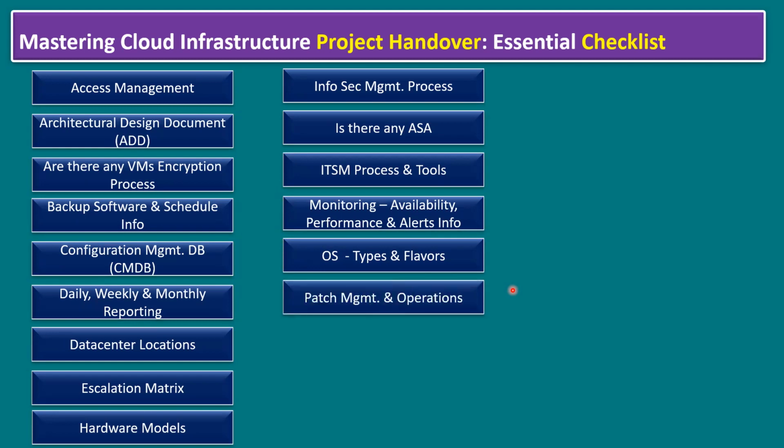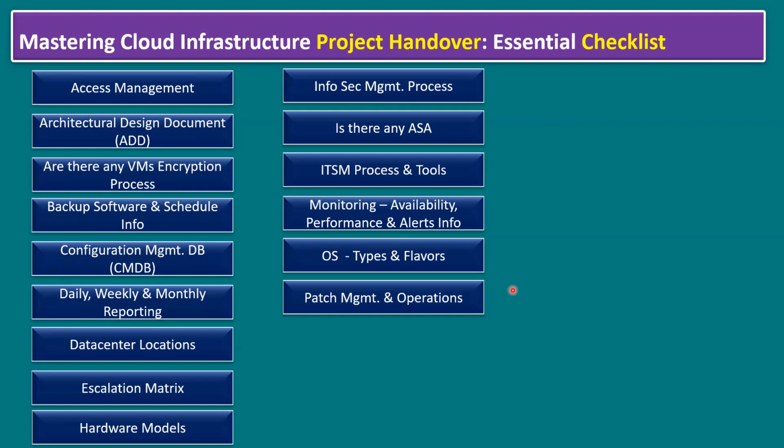And patch management and operations. Let's say we have Windows flavor OSs, what type of patch management software are we using? Are we using a native Microsoft feature like Windows Server Update Service, WSUS, or do we maintain a Microsoft official tool, SCCM, System Center Configuration Manager, for patch management?